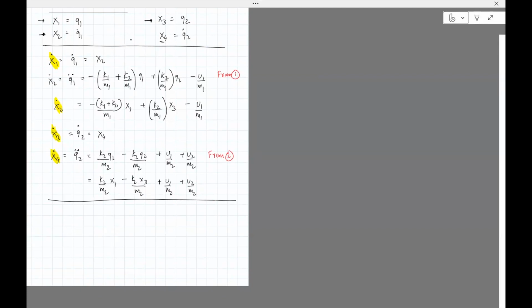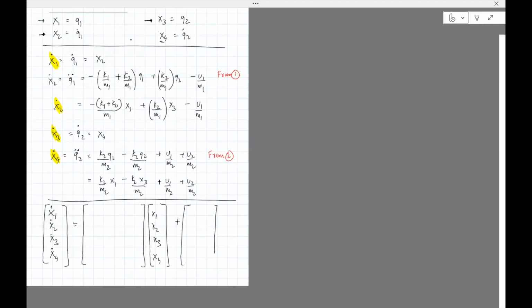Yes, I'm going to attempt to write this as a single equation, in matrix form. x1 dot, x2 dot, x3 dot, x4 dot. These equations are all linear, so I should be able to write them as follows: x1, x2, x3, x4, and something like this, u1, u2.